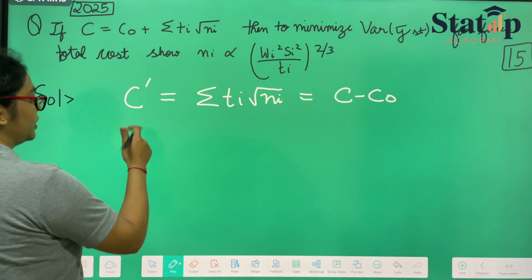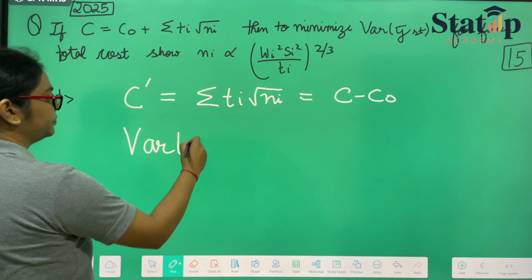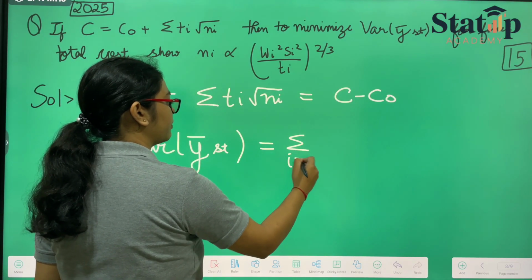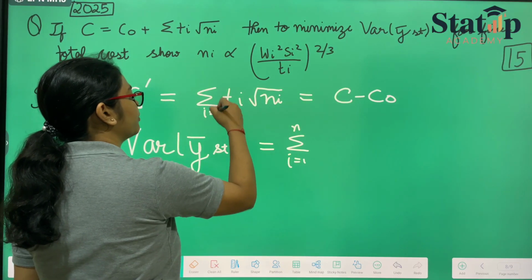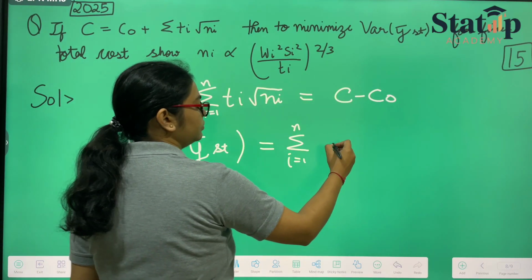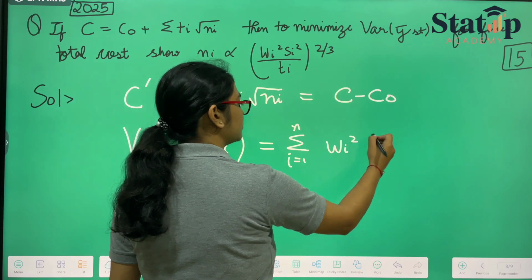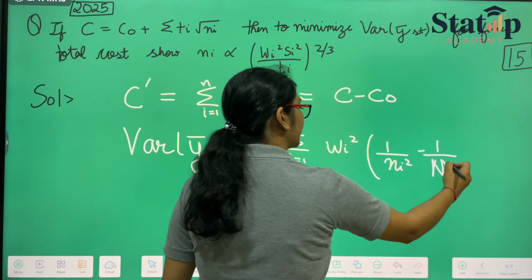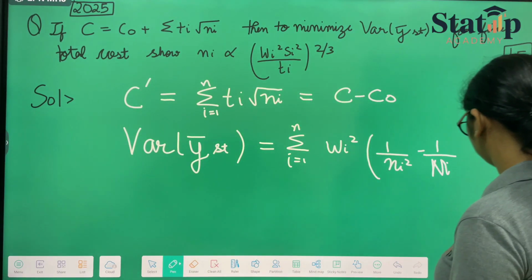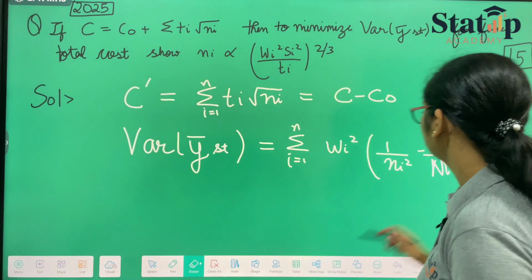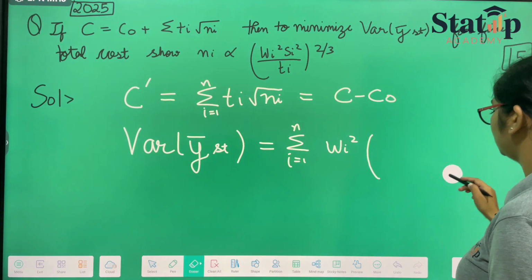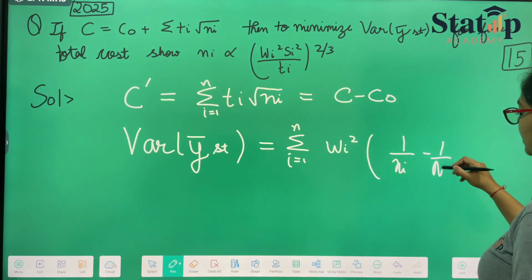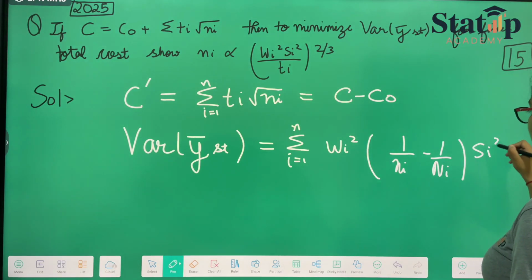First of all, we know that variance of y bar st is nothing but summation i goes from 1 to n, here also i goes from 1 to n, Wi square into 1 upon small ni minus 1 upon capital Ni into capital Si square.